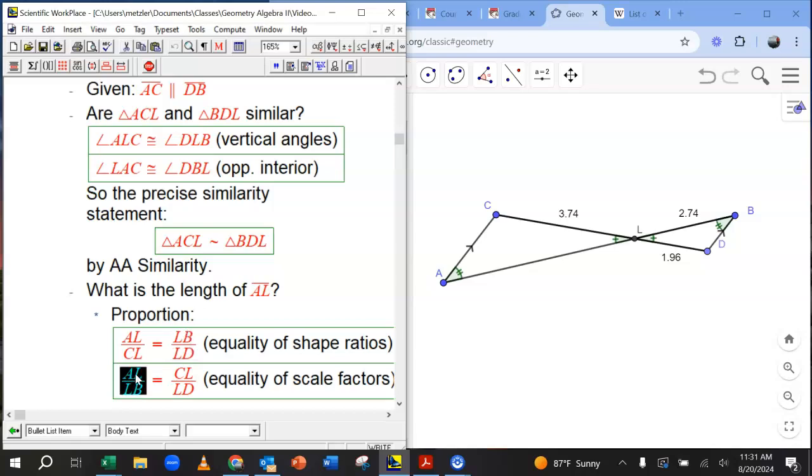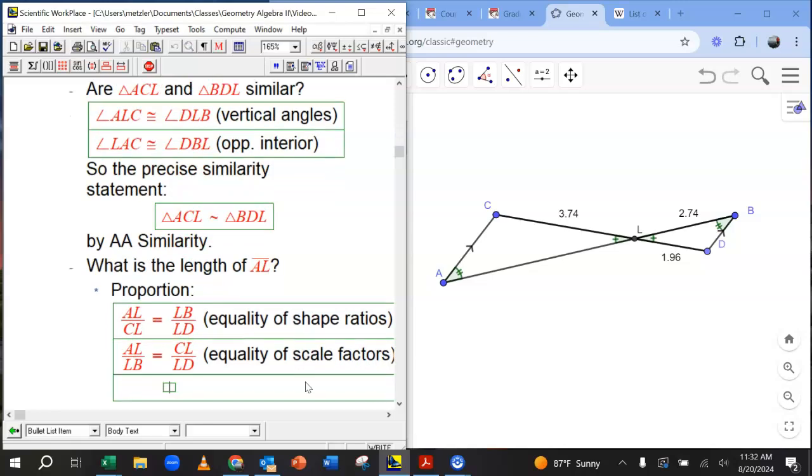This is a rather different perspective here. This compares the two triangles. What mystery factor is going to scale one part of the right-hand triangle to get the corresponding part of the left-hand triangle? That had better match the scale factor that takes any other part of the right-hand triangle and scales it to get the left-hand triangle. So we can use either one. I guess I'll just use the bottom one.